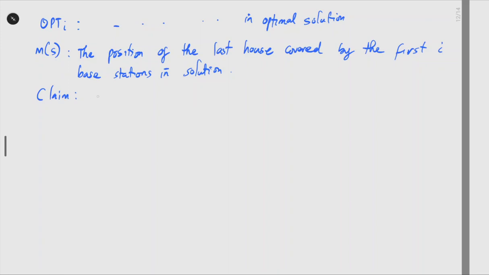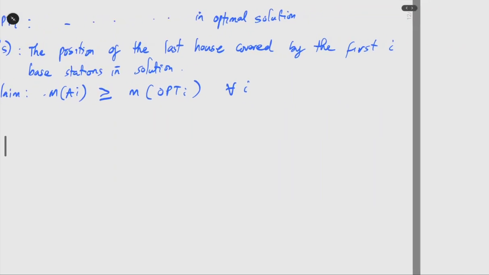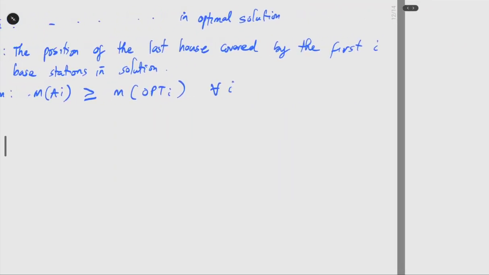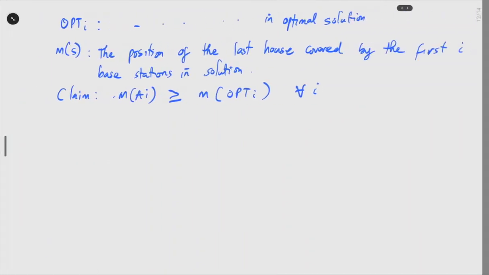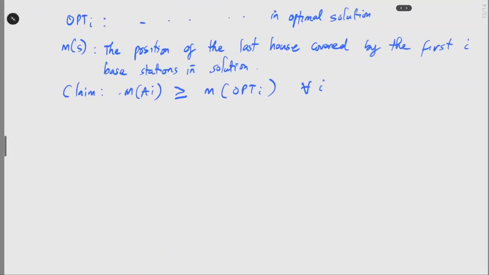That means our greedy would cover more houses, right? Let's say this I is 2. So if we have 2 base stations, our greedy will cover more houses than any other solution. So it means that our claim would be that this is greater than or equal to this, for all I. I hope this makes a lot of sense to you.